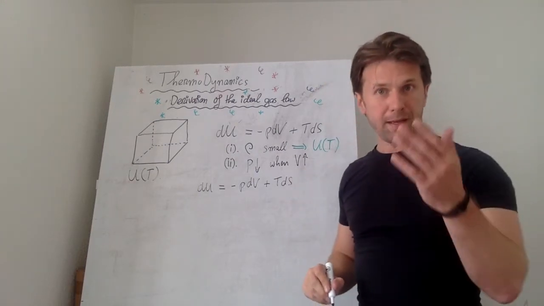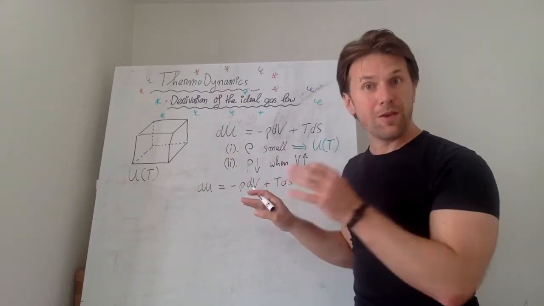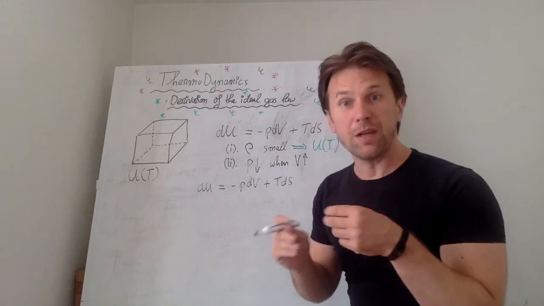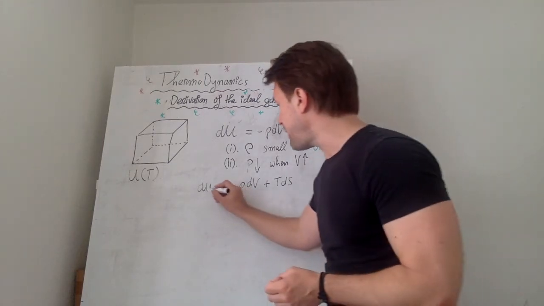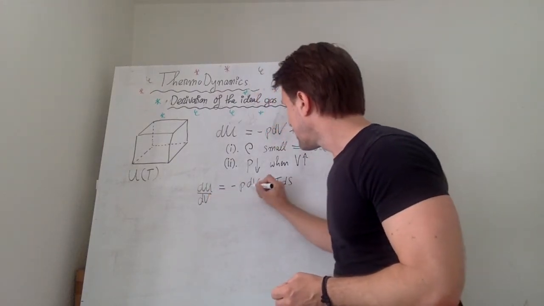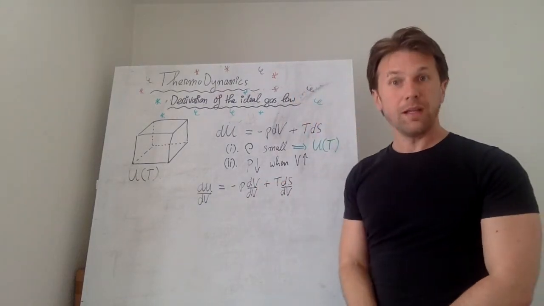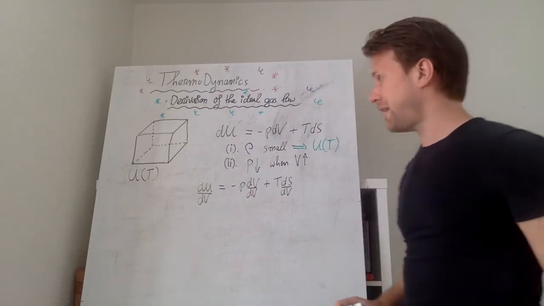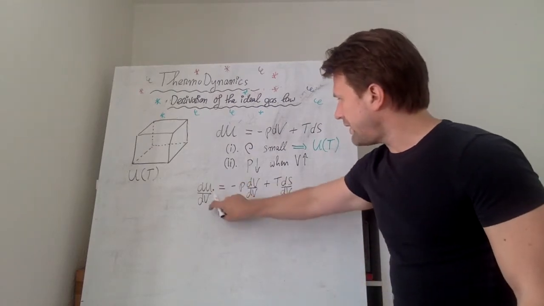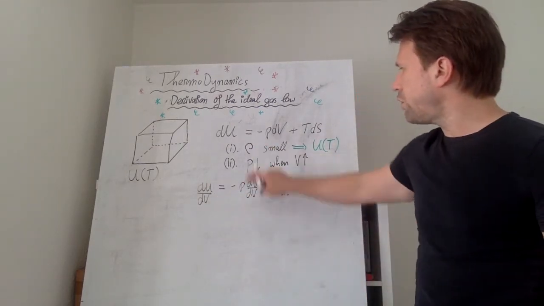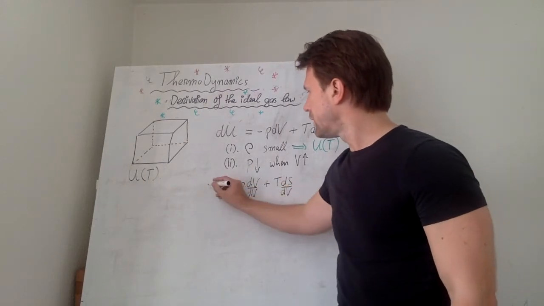Because look, if I now divide both sides of the equation by dV, and again that means I'm secretly taking the derivative with respect to V everywhere, I get this. Still the same first law of thermodynamics. But we have concluded already that dU/dV is 0 because of the low density, so this is 0.